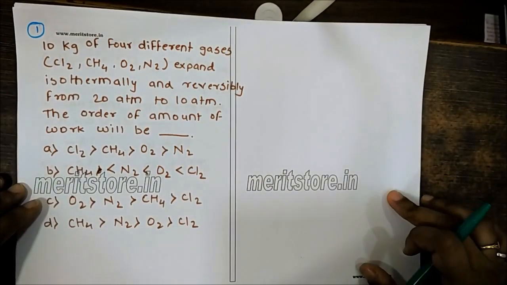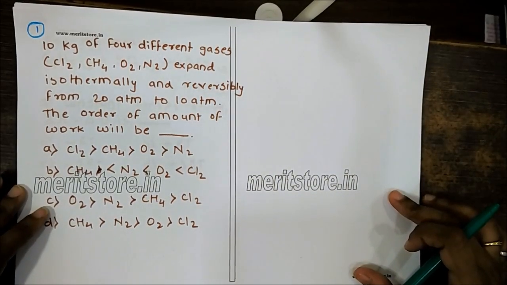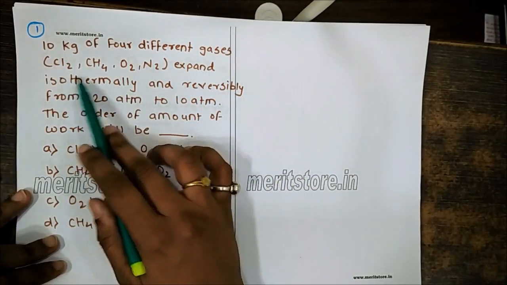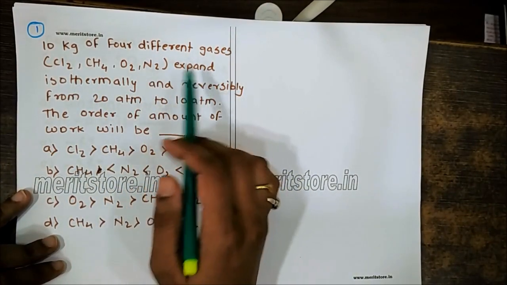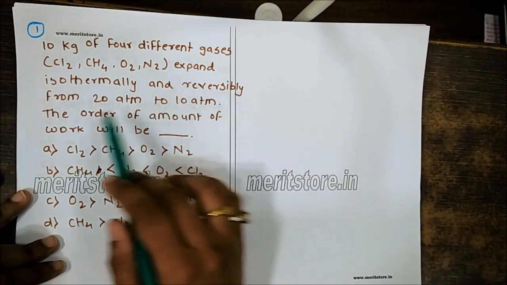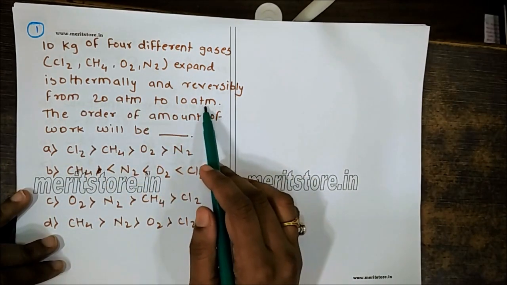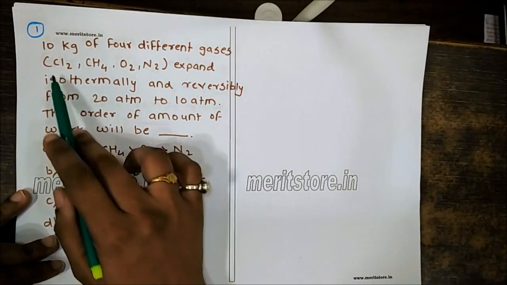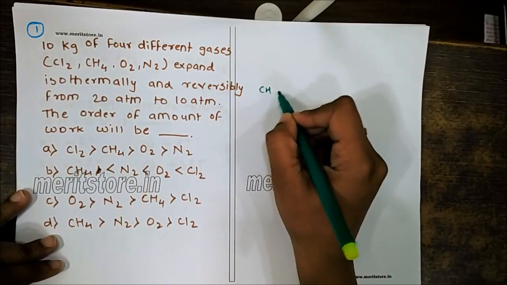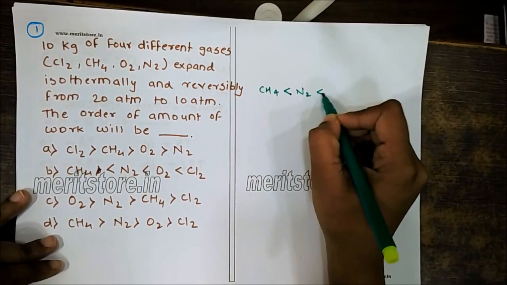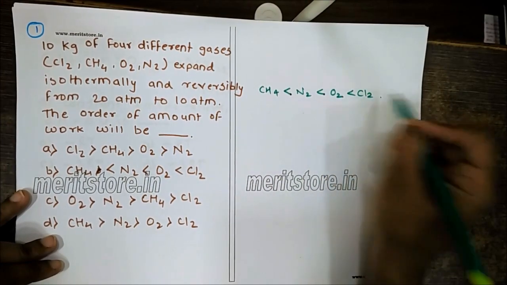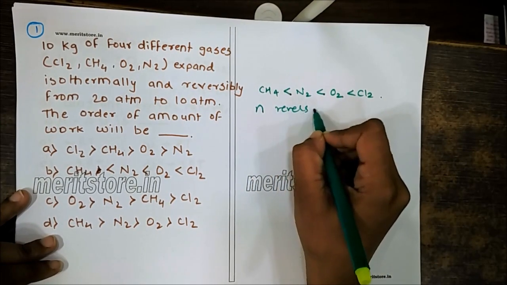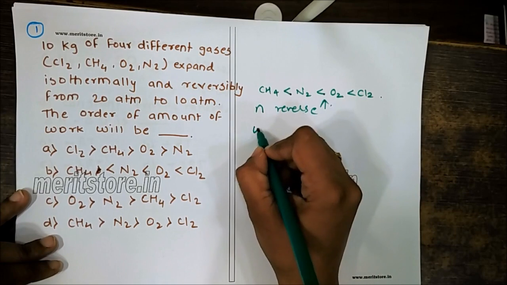Let us discuss some of the MCQs related to thermodynamics. Question number 1: 10 kg of 4 different gases, chlorine, methane, oxygen and N2, expand isothermally and reversibly from 20 atmosphere to 10 atmosphere. We have to find the order of the amount of work done. Mass-wise, methane has the lowest mass, then nitrogen, then oxygen and then chlorine, so the number of moles will be exactly the reverse order.